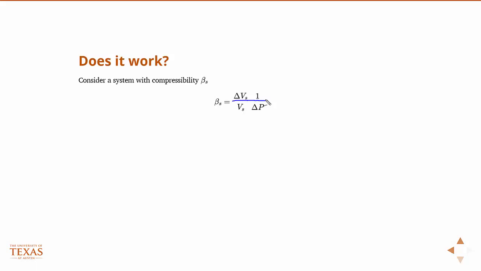And I wrote this in a way that should be obvious. If you remember, the compressibility is like the volumetric strain divided by the volumetric stress. Well, in this case, the volumetric strain is the change in the total volume of our system divided by its original volume. And then we divide that by a change in pressure, delta P. Okay?